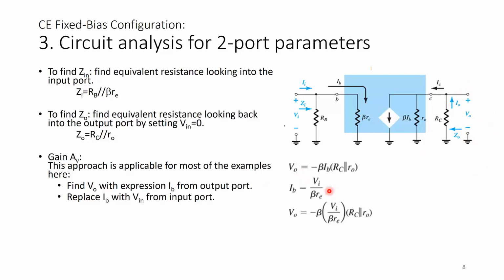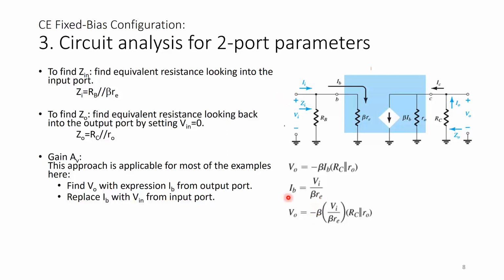And then we replace IB with V in. Okay, IB is equals to V in over beta RE. Again, this is Ohm's law as well, so there's nothing extraordinary here. In this case, IB is positive because it enters V in through the positive terminal.